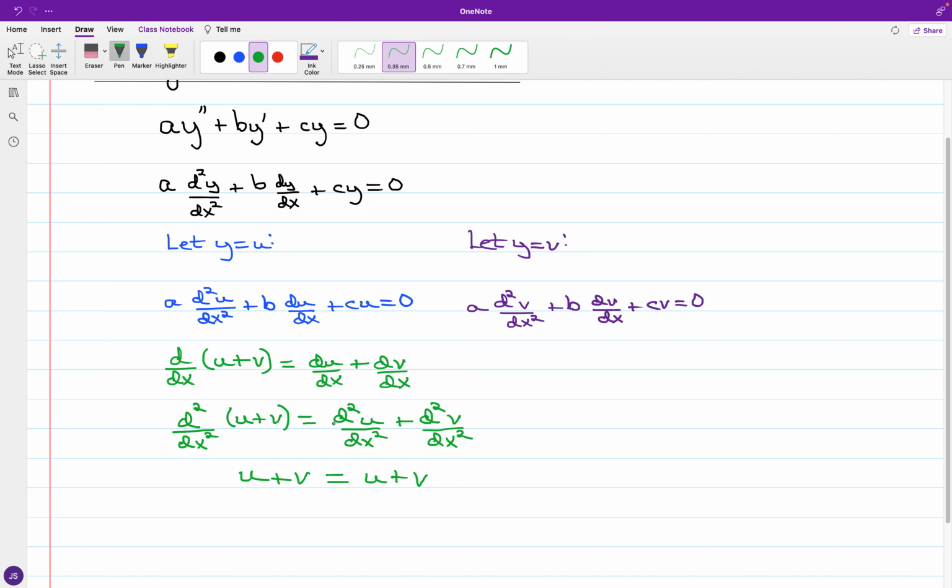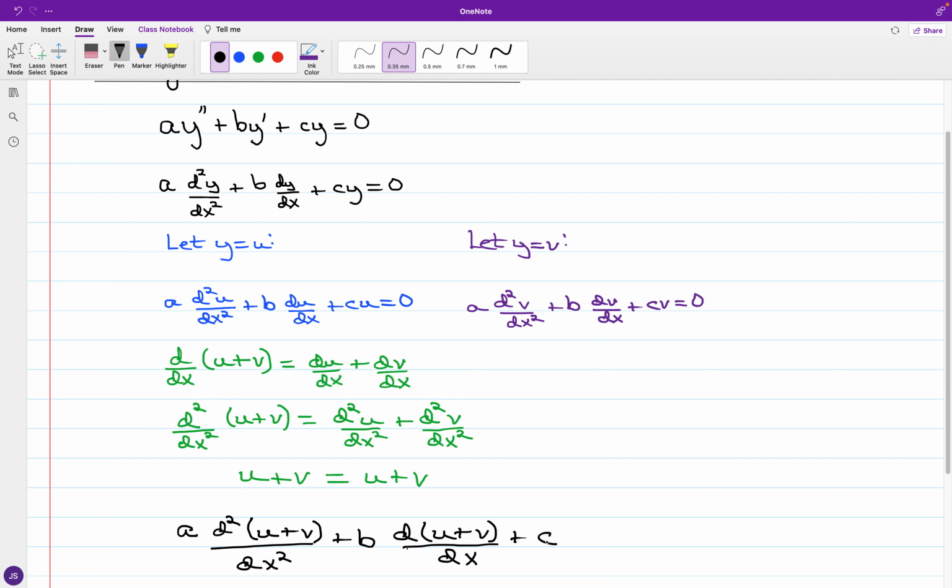is equal to 0. Well, if you notice, I can write that we have a d squared of the sum of u and v over dx squared, plus b times d over dx of the sum of u and v, plus c times the quantity of u plus v, is equal to 0.